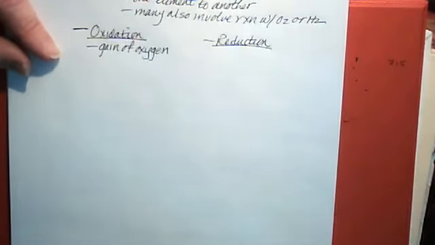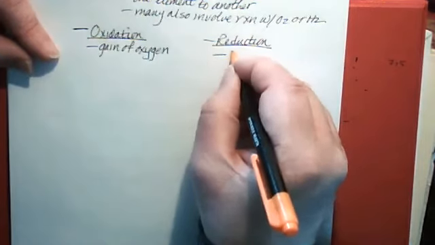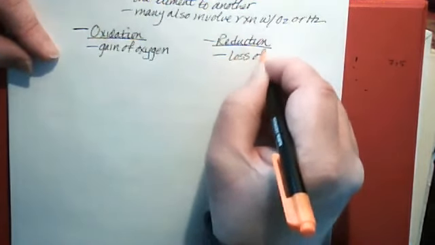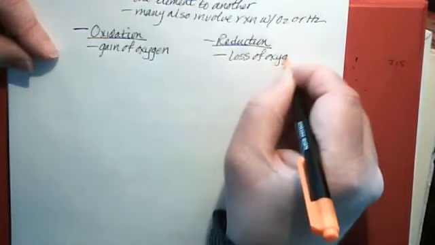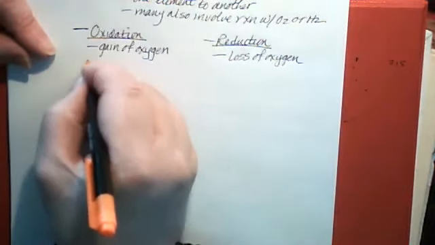If oxygen ends up making up a bigger proportion of the product than it did of the reactant, then that is often considered an oxidation. And the opposite would be reduction. If oxygen ends up making up less of the product than it did of the reactant, then that would be a reduction.